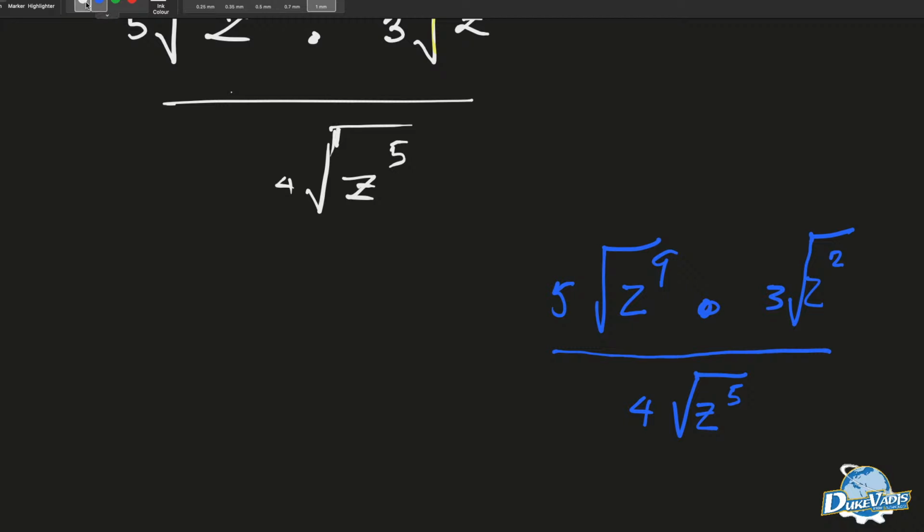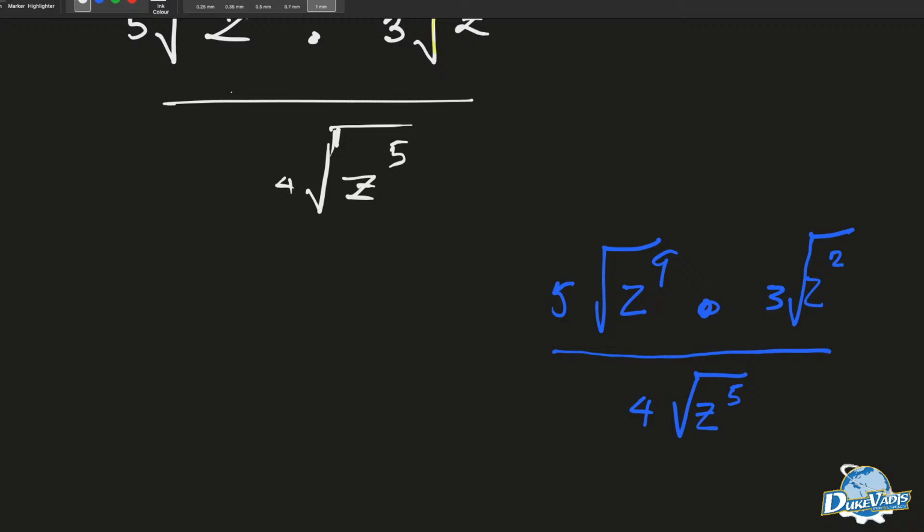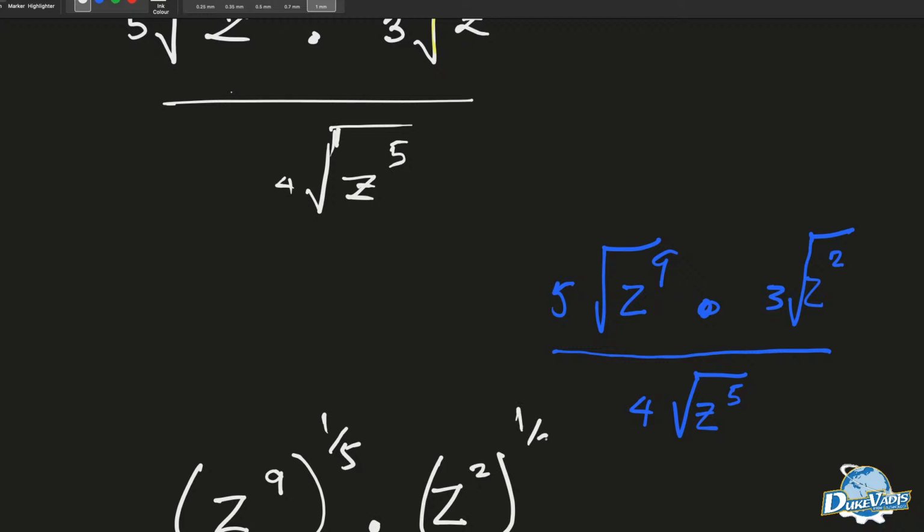If you look at it, this can be written as z raised to the power 9, all in brackets raised to 1 over 5, multiplying z raised to the power 2, all raised to the power 1 over 3.